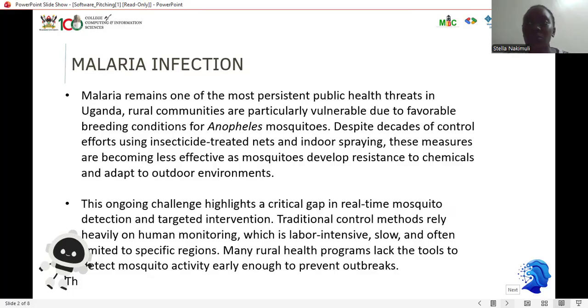All that has not been that effective. So we've come up with our own way, an AI-powered tool to help combat or stop the spread of malaria.